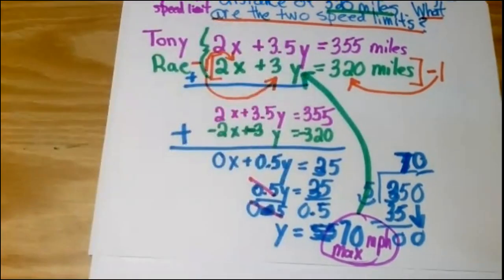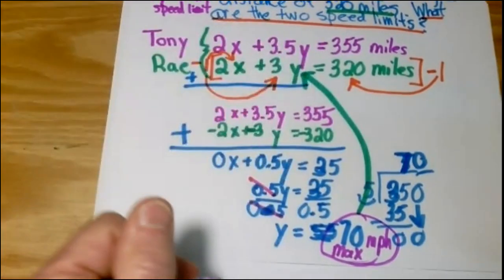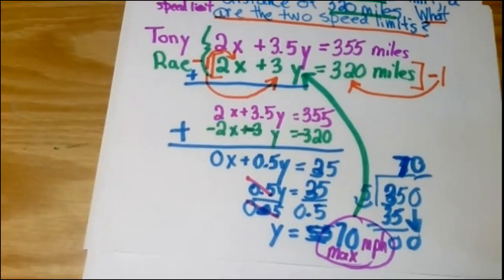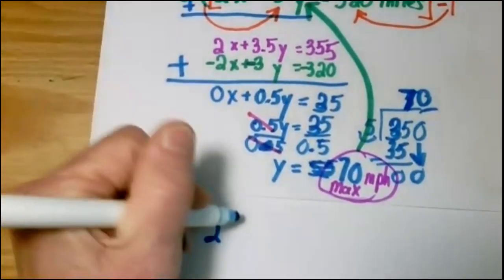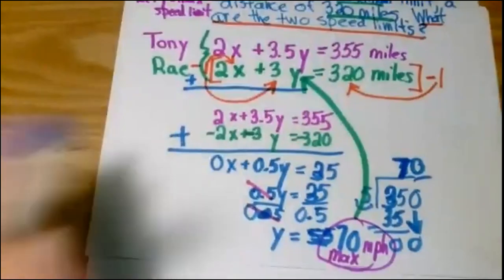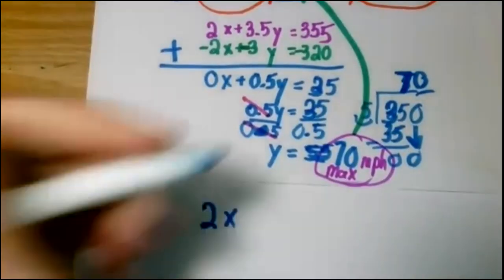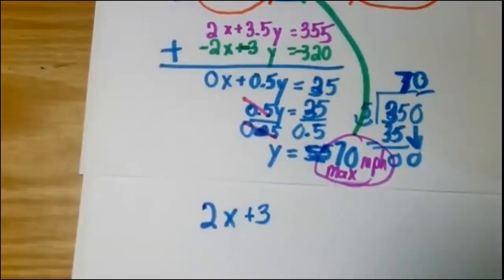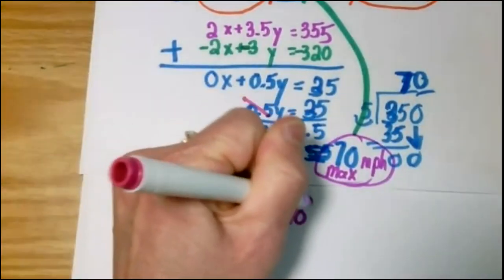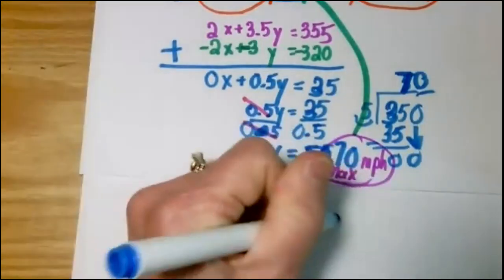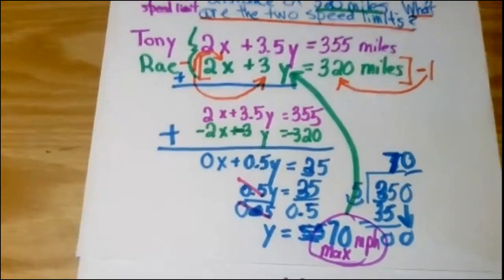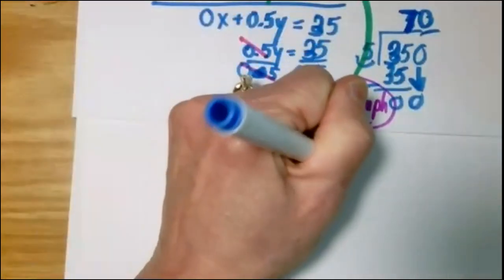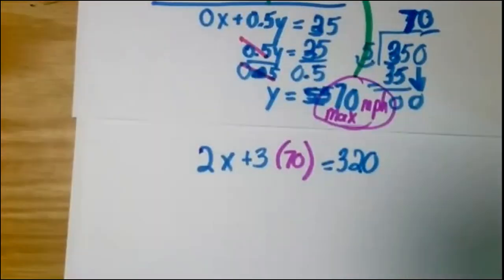I have 2x plus 3 times y, which we're going to call 70, equals, up to the top, 320. Solve now for x.